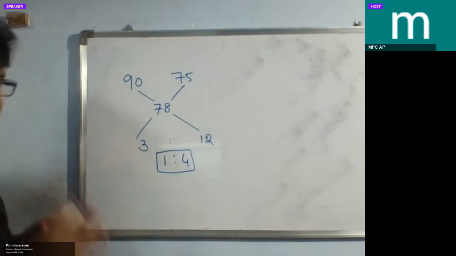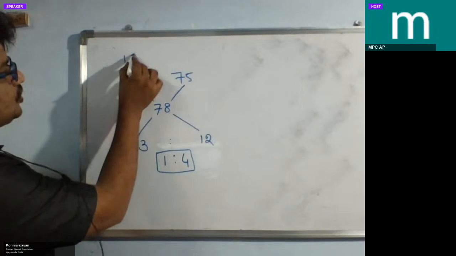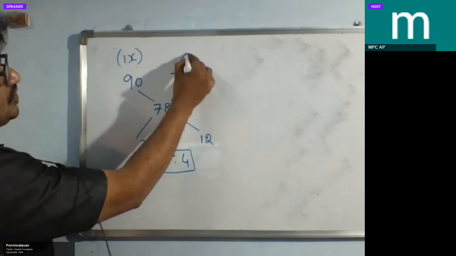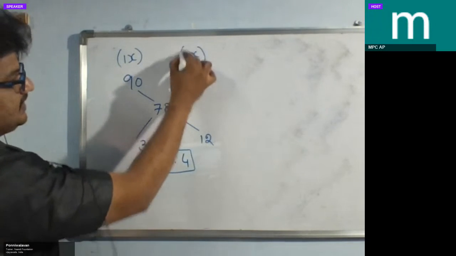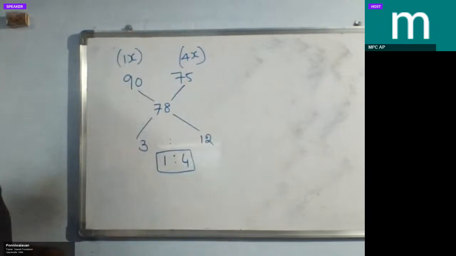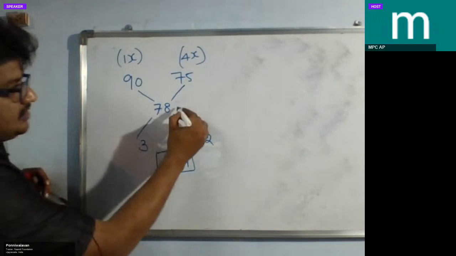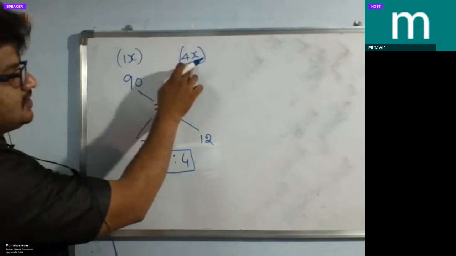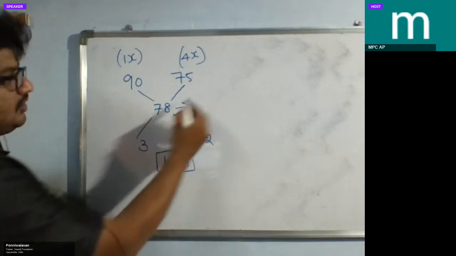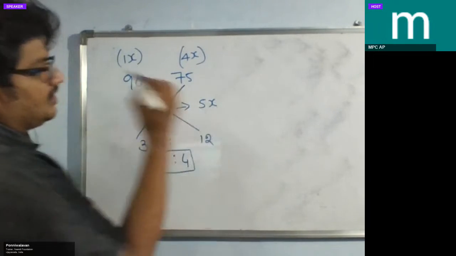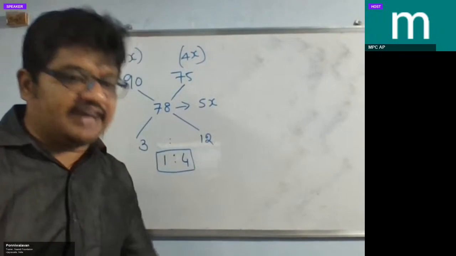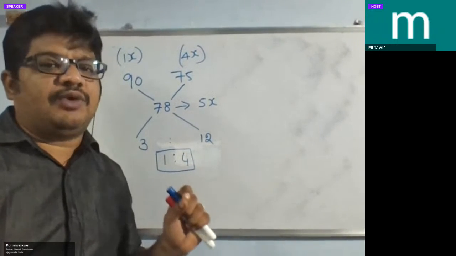That means this portion has to be 4x and this portion has to be 1x. What about the total? This is 4x, this is 1x, and the total is 5x. Okay. Now listen carefully, which is given and what they are asking.